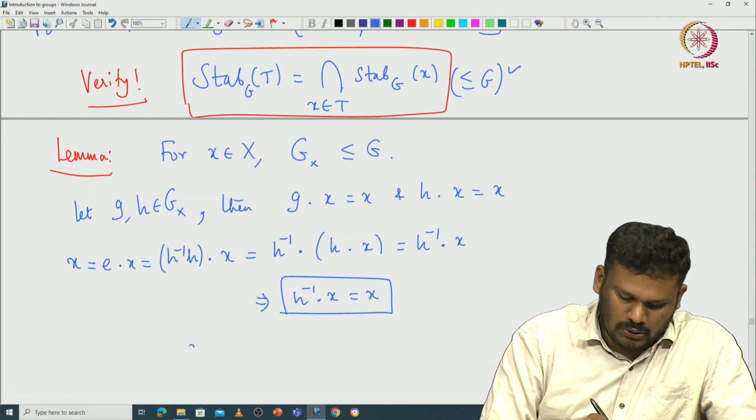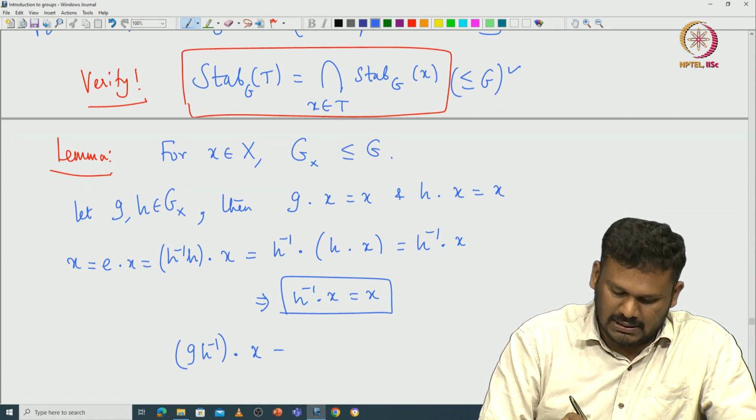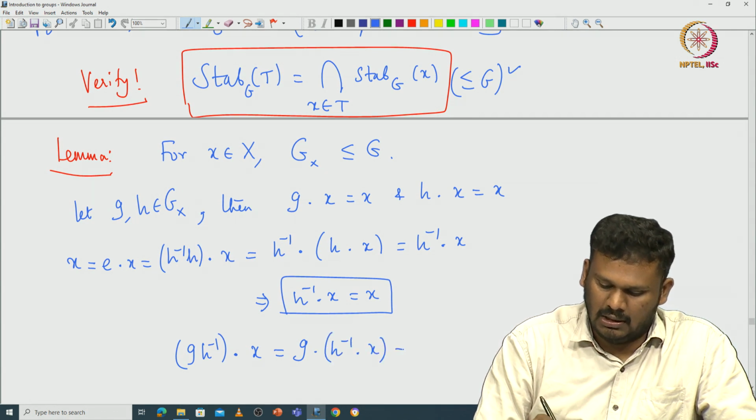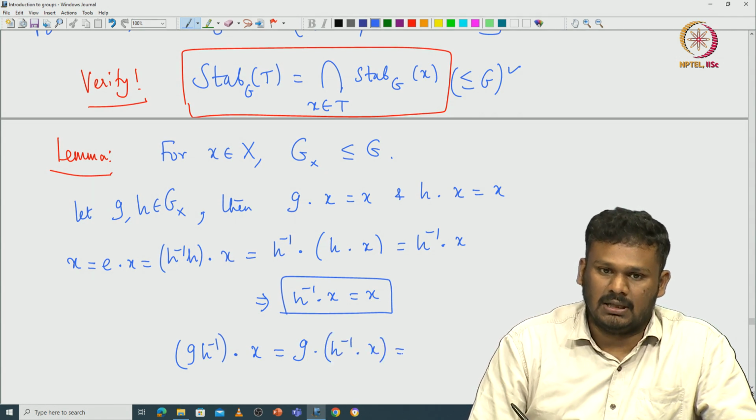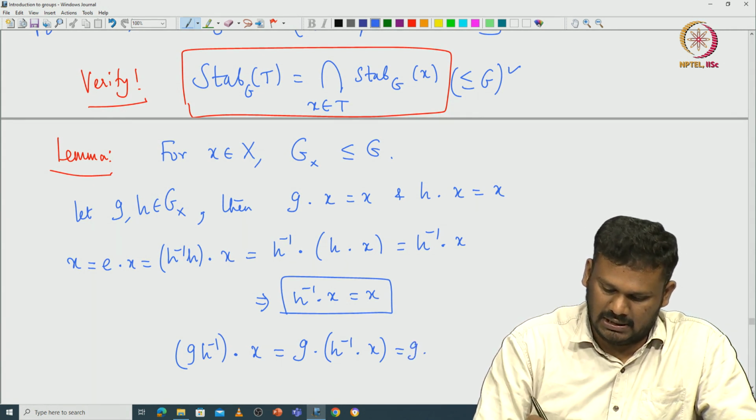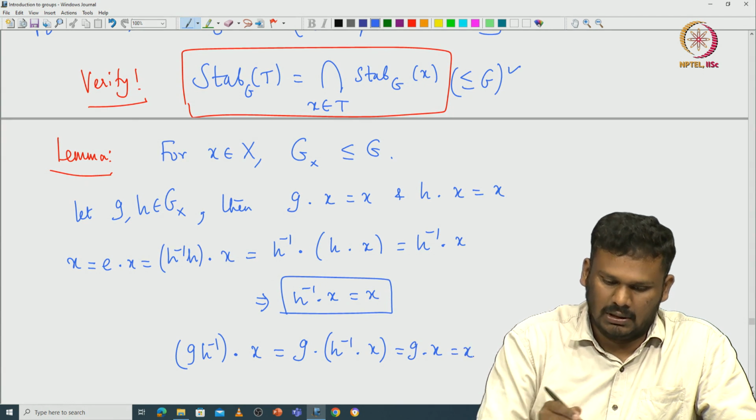So now what about g h inverse? When you apply it on x, g h inverse dot x will be g dot (h inverse dot x). Okay. h inverse dot x is x and g dot x equal to x. So that implies this is exactly equal to x. Okay.